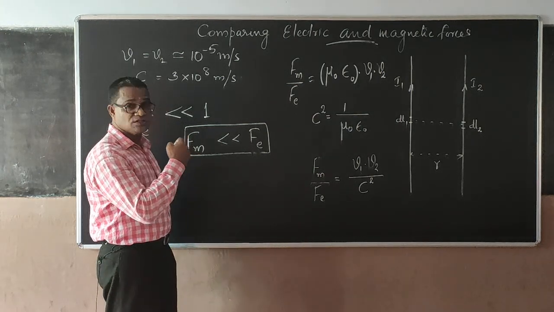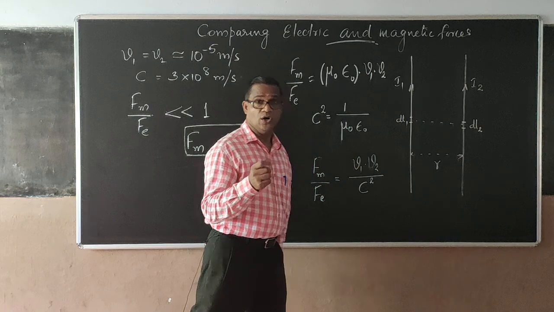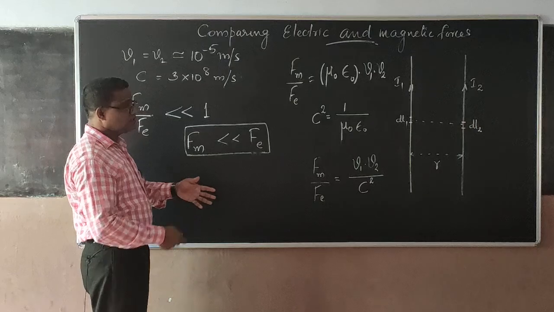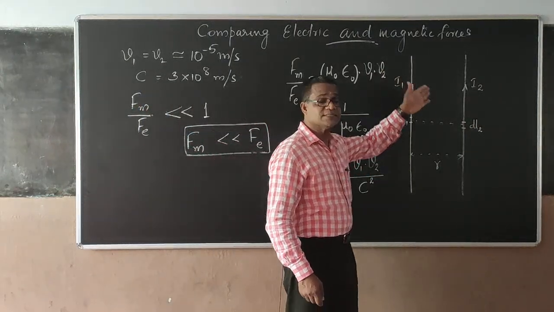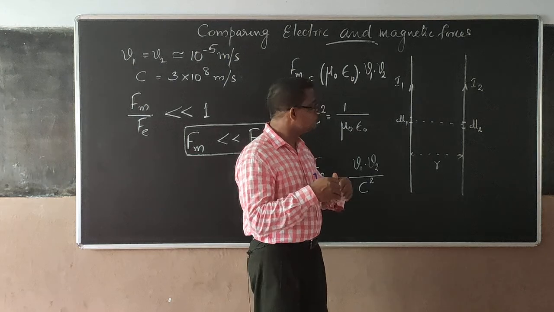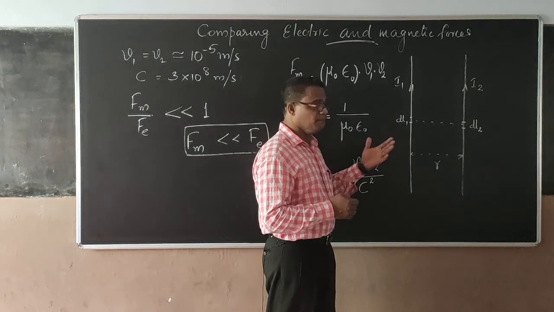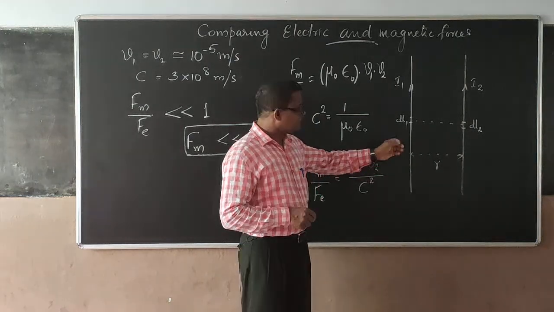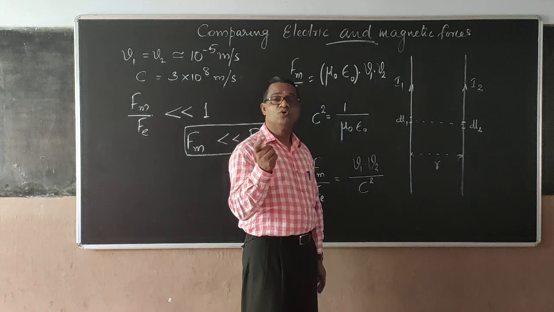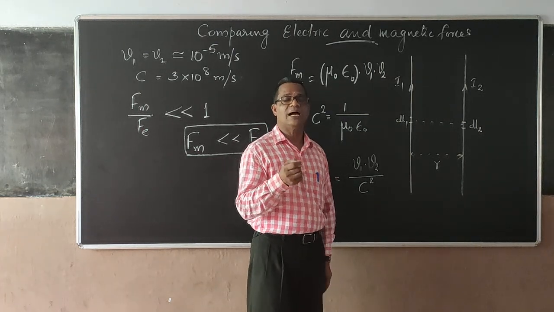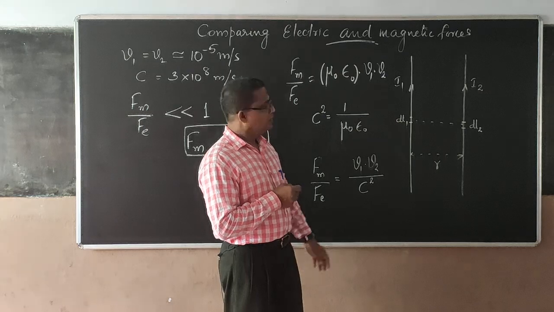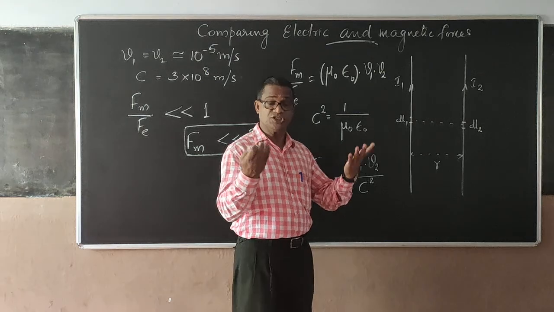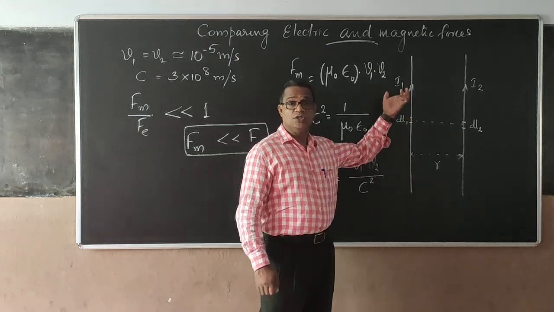Now, magnetic force is very prominent in this case. We found that the magnetic force is very, very small, but when you take the case of parallel wires carrying current, the magnetic force between them is very great. The fact is that the magnetic force is due to charge moving through a magnetic field, that is, the magnetic Lorentz force. And current carrying conductors have a large number of free electrons.